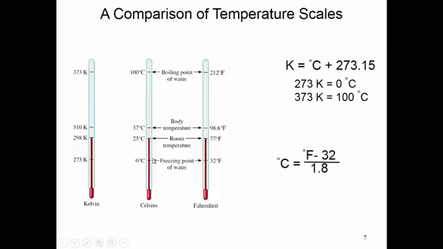Again, for Fahrenheit and Celsius, the relationship is a little bit trickier because they both start in a different place and change at a different rate. So in order to keep track of that, we first do the subtraction, Fahrenheit minus 32, to get the same kind of starting place, and then we do this division to account for the different rate of change between Fahrenheit and Celsius. Okay, and again, based on those differences.